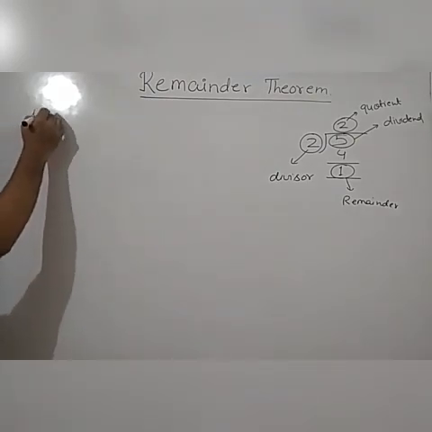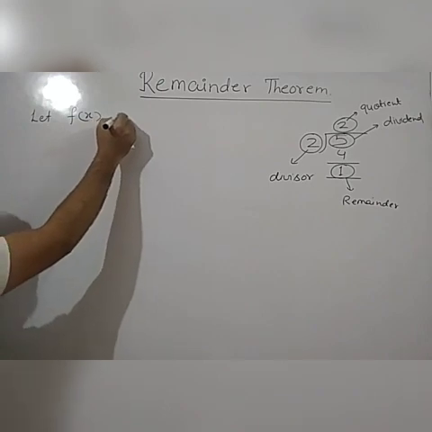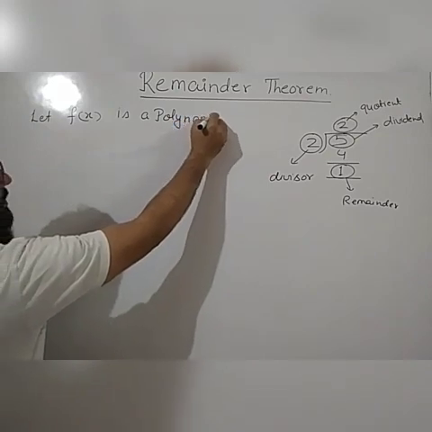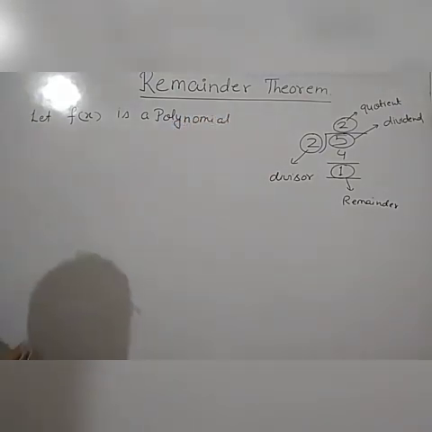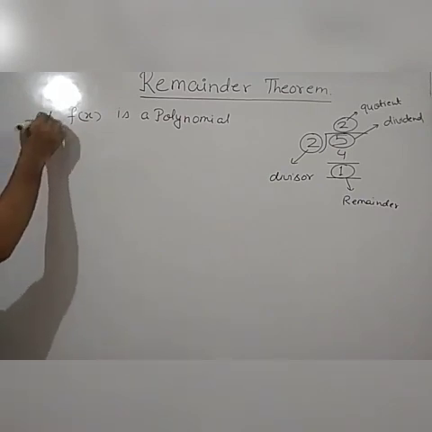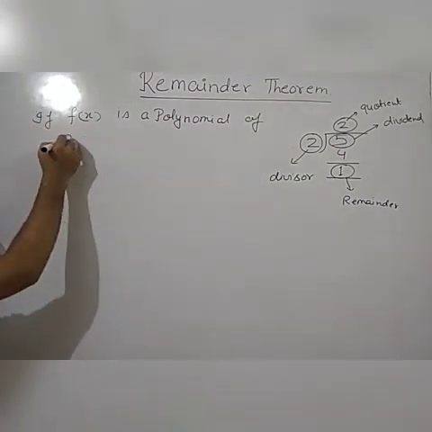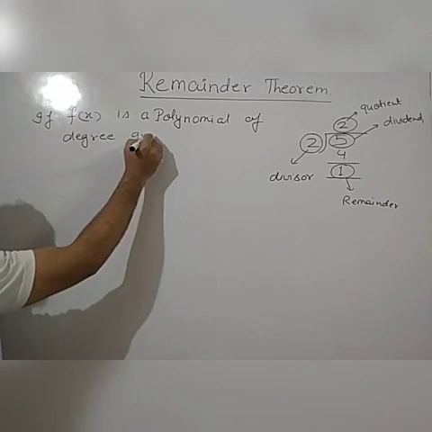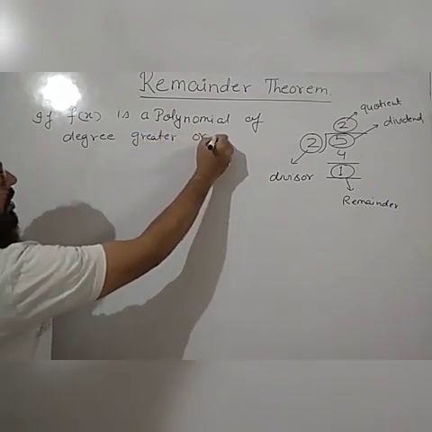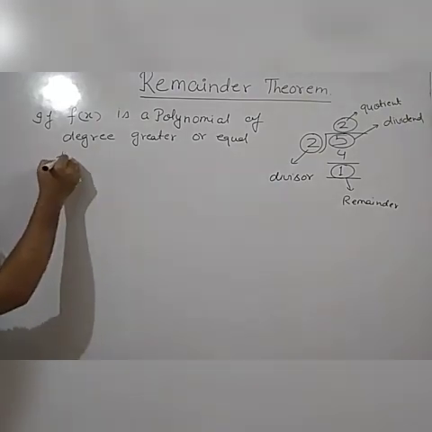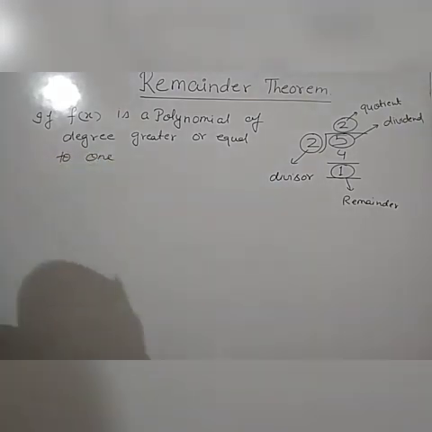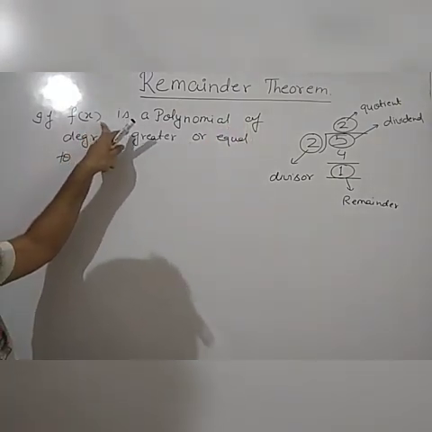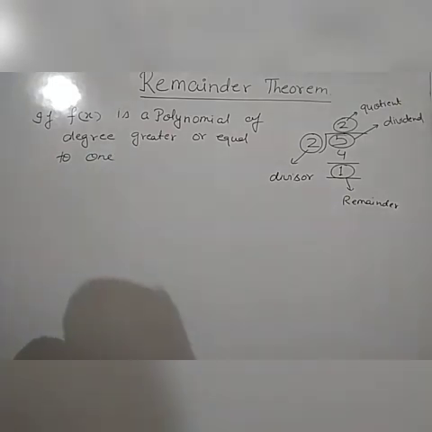So let f(x) be a polynomial. What is the remainder theorem? If f(x) is a polynomial of degree greater than or equal to 1, this remainder theorem is applicable only when the degree of the polynomial which is being divided is greater than or equal to 1.